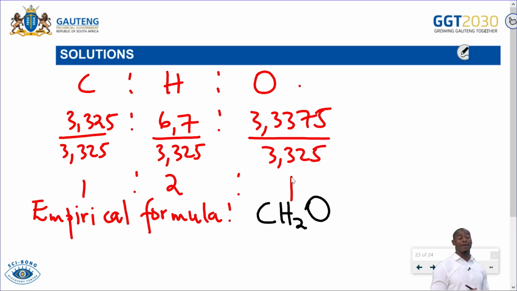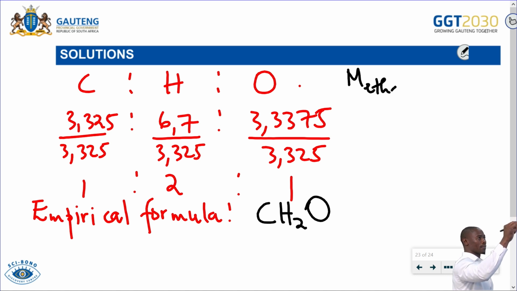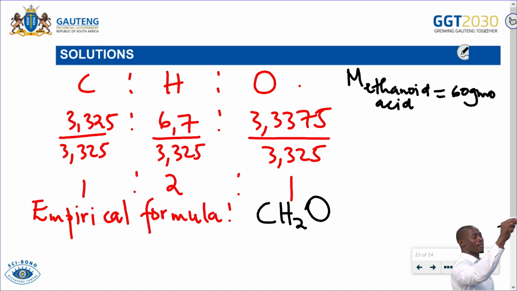So now let's move from empirical formula to molecular formula. So you are given the molar mass of ethanoic acid. It's 60 grams per mole. So if it's 60 grams per mole, let's calculate the molar mass of the empirical, which is CH2O.